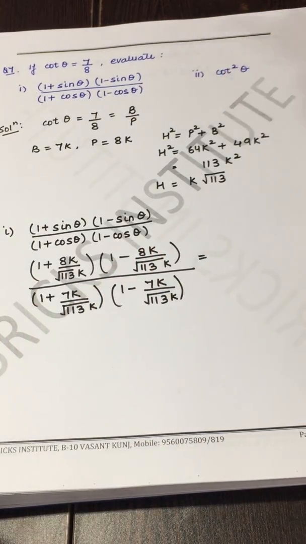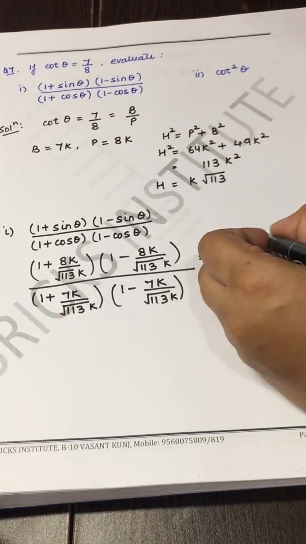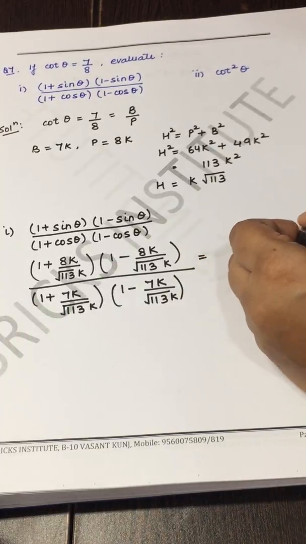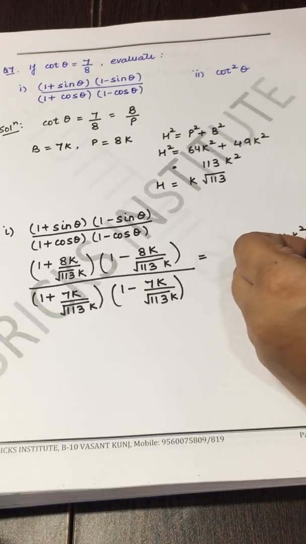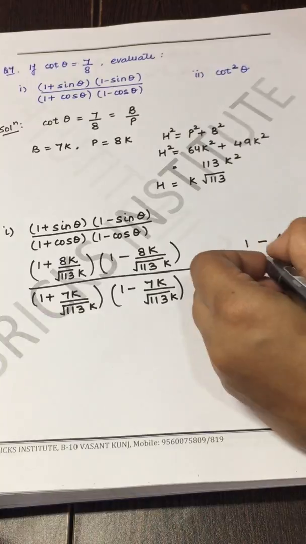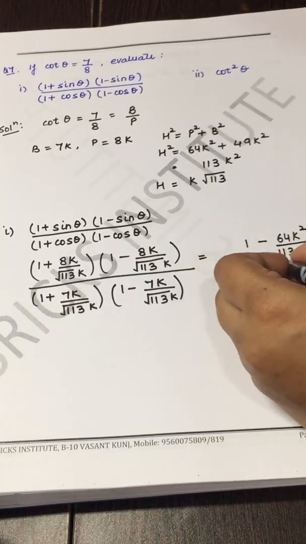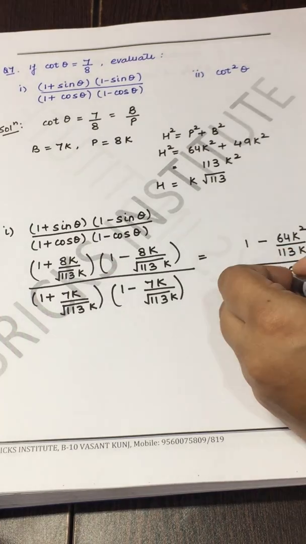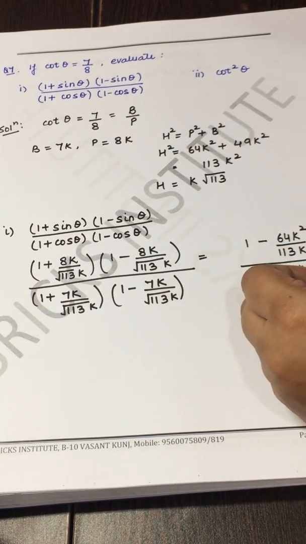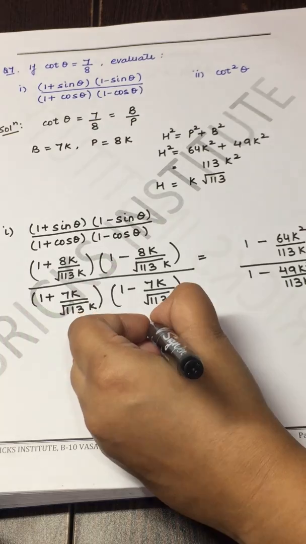So you can easily see it's A plus B into A minus B. So we can apply the formula of A square minus B square. So A square minus B square will give me this. Similarly in the denominator also 1 minus 49 k square upon 113 k square. Let's take the LCM.